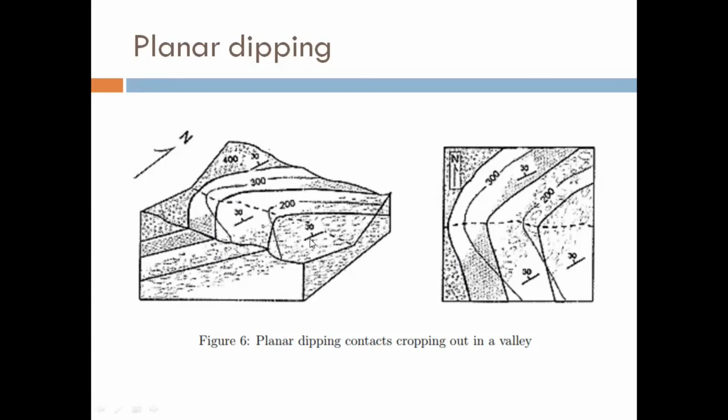And similarly, you can see the map pattern of the same block diagram, and you can see that we again have the presence of the strike and dip symbols, and the strike is towards northeast southwest, and the dip is towards northwest.